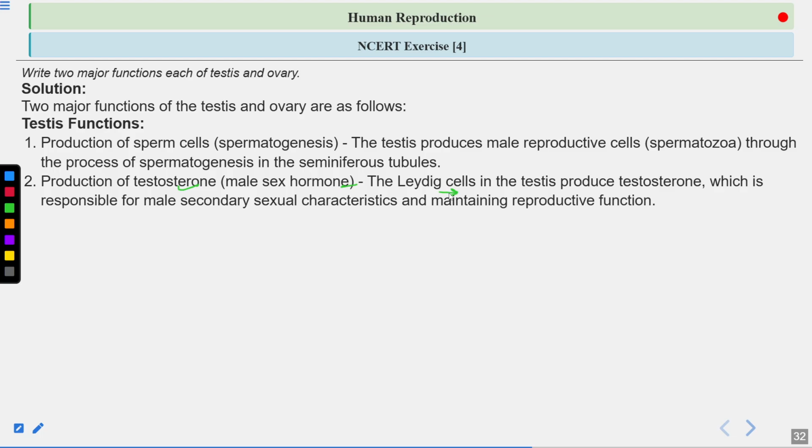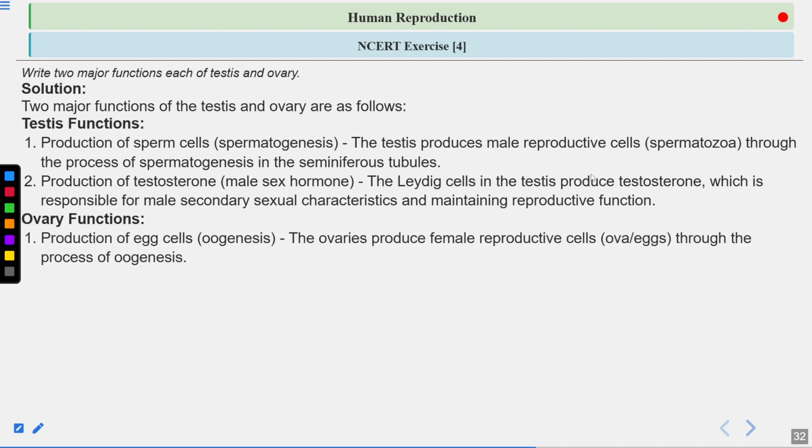Leydig cells, also known as interstitial cells, produce testosterone in the testes. Testosterone is responsible for development of male secondary sexual characteristics and for maintaining reproductive function as well. These are the major functions of the testes: sperm production and production of testosterone.